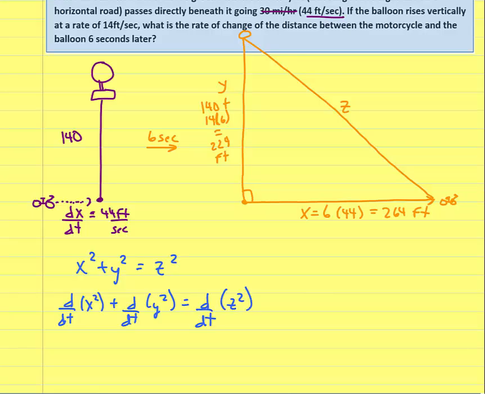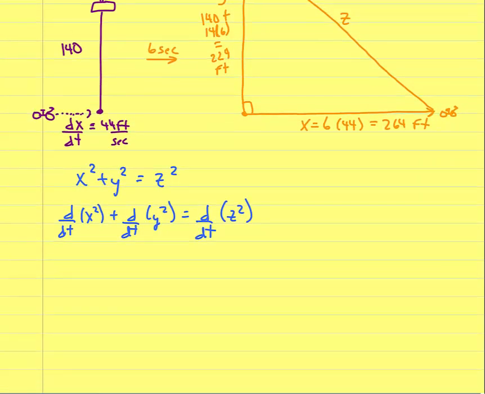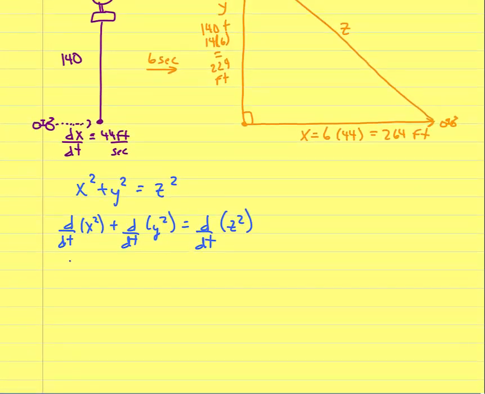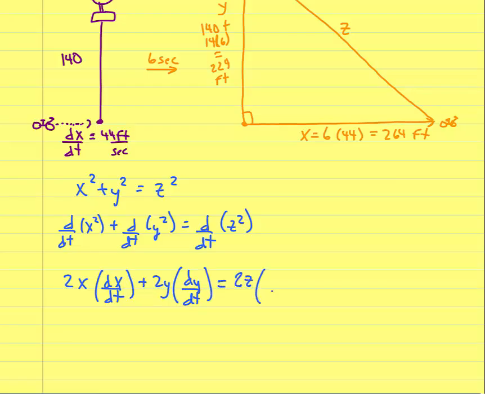Now for each one of these I'm taking the derivative of a variable other than time, so I'll have to remember that implicit part. So this equals 2x dx/dt plus 2y dy/dt equals 2z dz/dt. So we have a lot going on here.